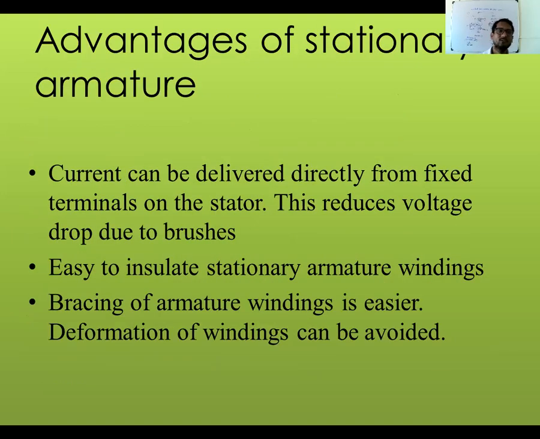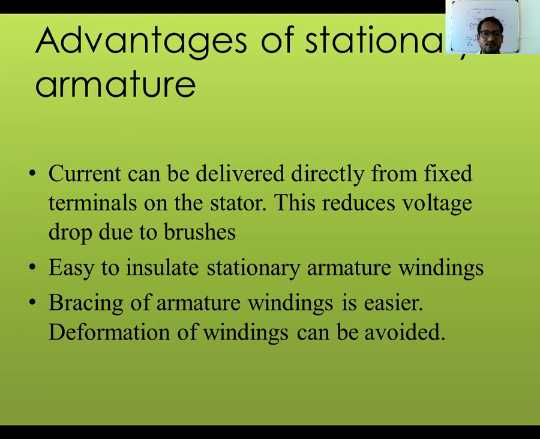Okay, so there are some advantages of a stationary armature. Current can be delivered directly from the fixed terminals on the stator. This reduces the voltage drop due to the brushes. Brushes are generally external devices which carry electrical power from the stationary device to the rotating device and collect electrical current from the rotary part of the machine to the stationary part of the machine.